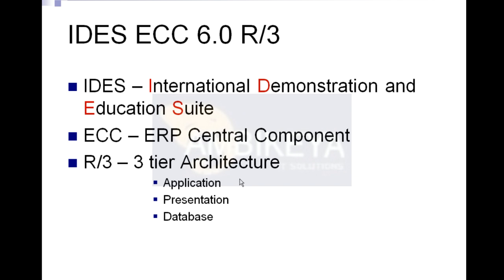So what is called customizing will be done by consultants, and another part is done by the ABAP people. ABAP is another module, maybe I'll come to it in the next slide. And the database is separate. So this is called a 3-tier architecture. One is the end user, another is for technical and functional consultants, and another is for database maintenance. That's why it is called ECC R3. These are all things that, as the days go by and you start working with SAP, will become normal for you.